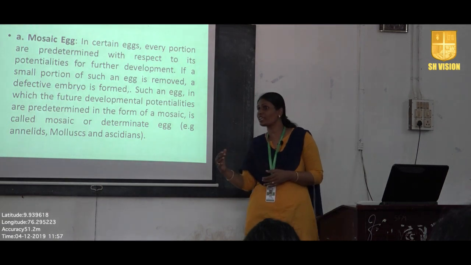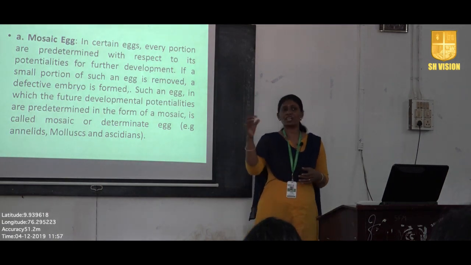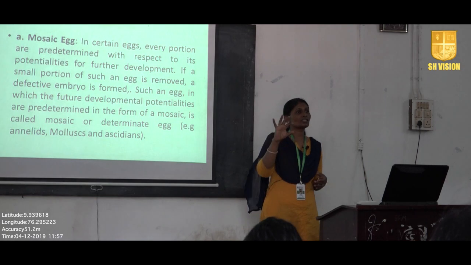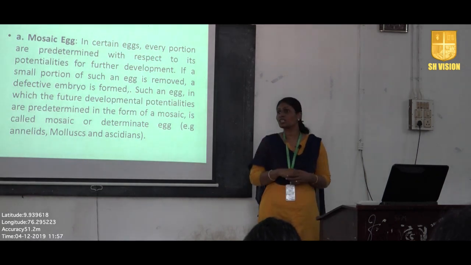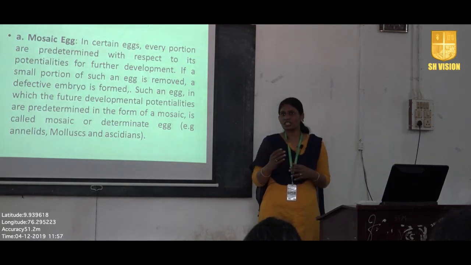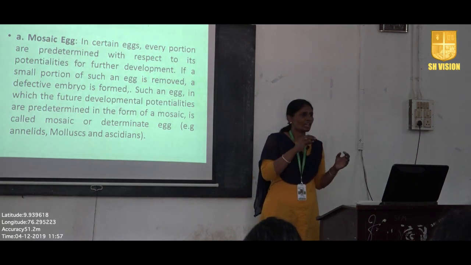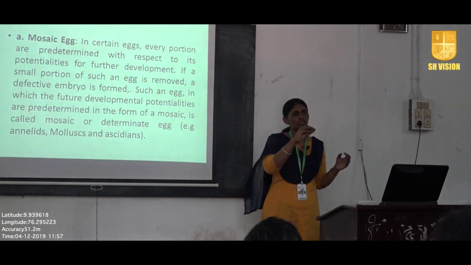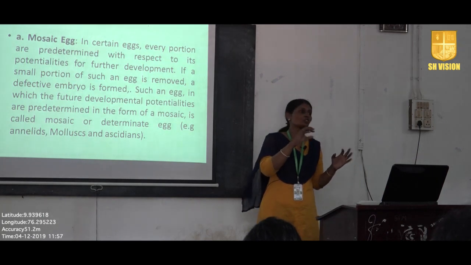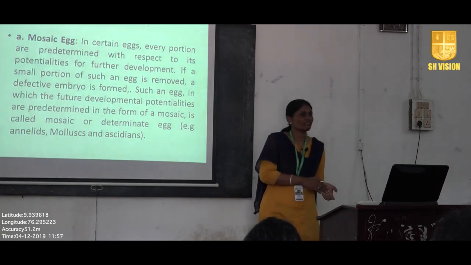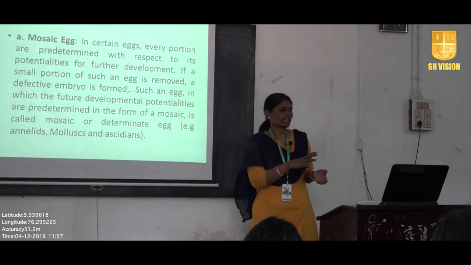Whereas in a regulative egg, if you damage any number of cells, the others compensate for the damaged ones. In mosaic eggs, if you damage a portion, then that portion is absent from the developed organism.